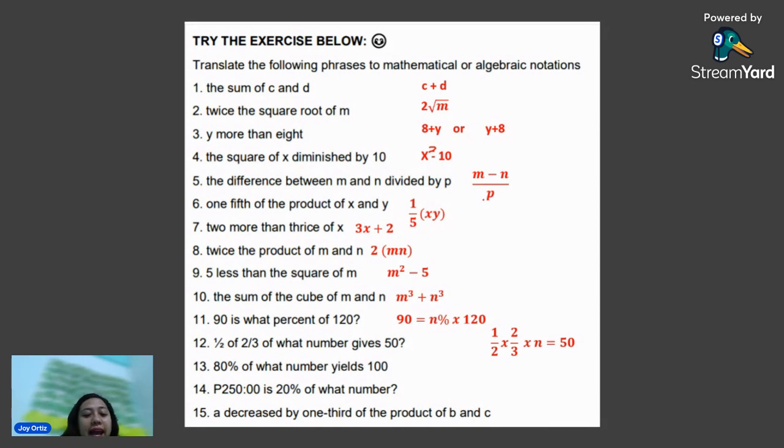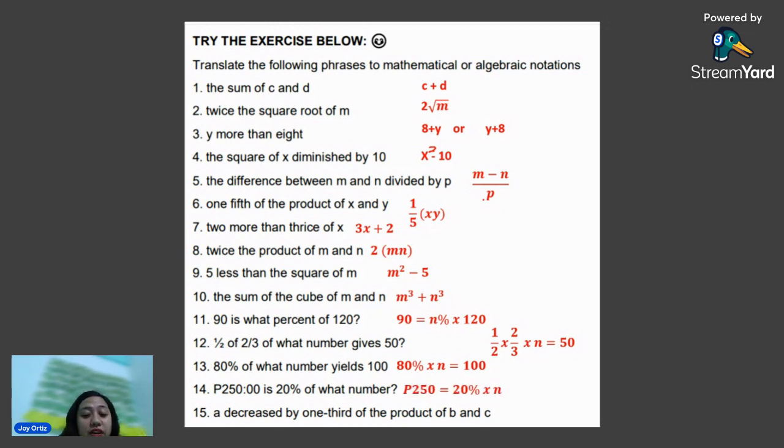Number 13. 80% of what number yields 100? Okay, so the answer is 80% times n is equal to 100. How about number 14? 250 pesos is 20% of what number?